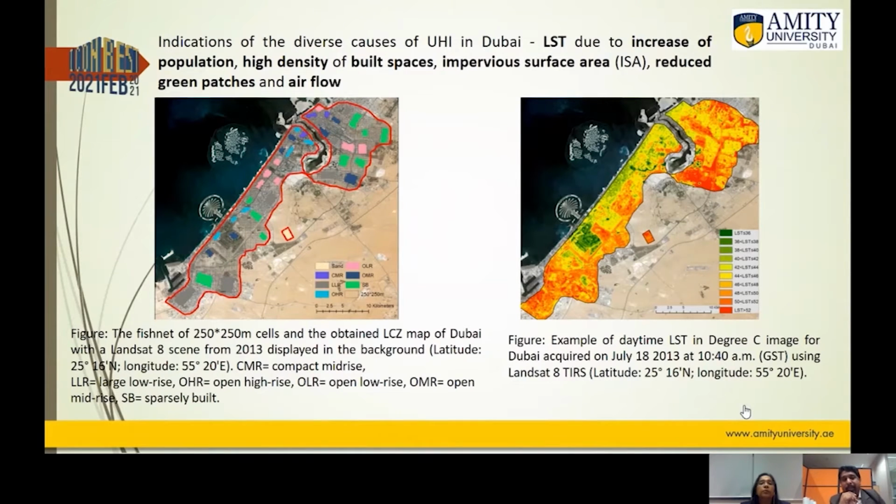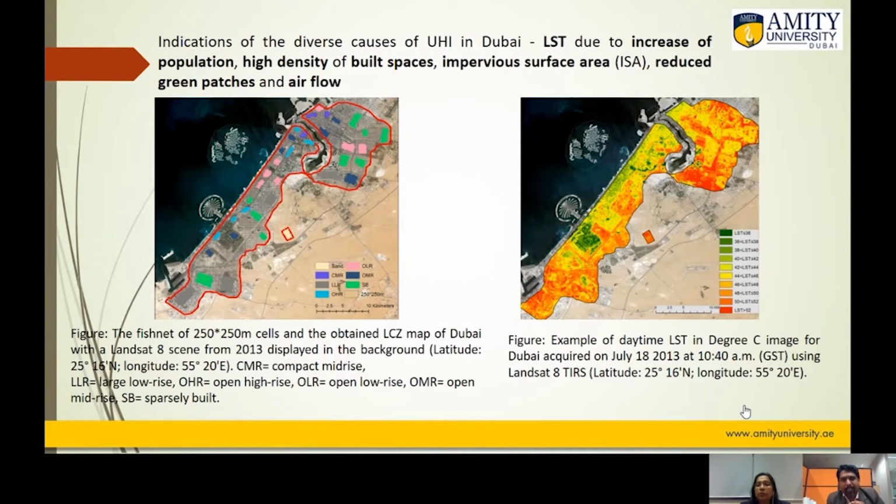When we look at the image on the left, it helps us with the legend to understand the kind of patches that are becoming the lungs of the city. Now, trying to compare this image with the image on the right, it helps us understand the example of the daytime land surface temperature at a particular time of a particular year, a particular month on a day, captured through Landsat.